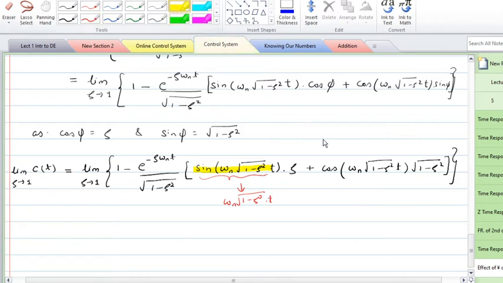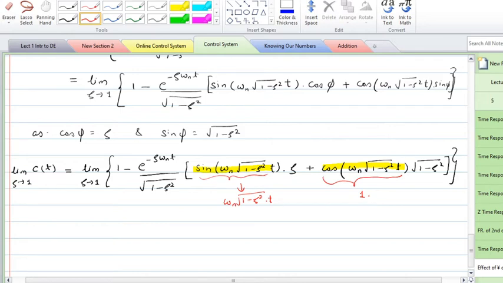And if we substitute the limit individually in the cos function, this will result in 1, because cos of 0 is equal to 1.